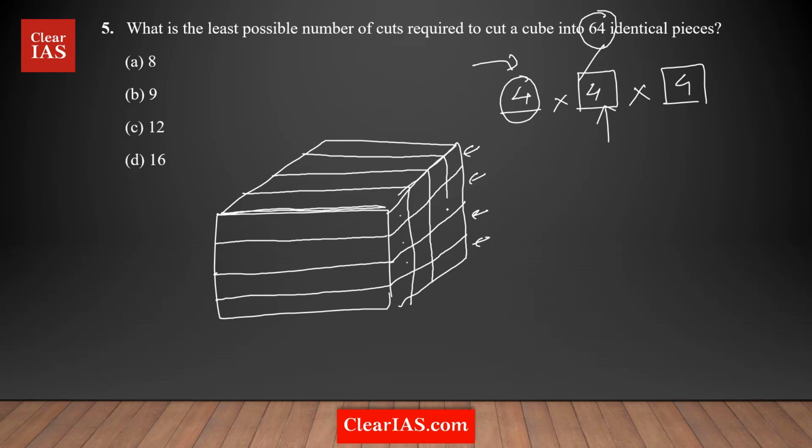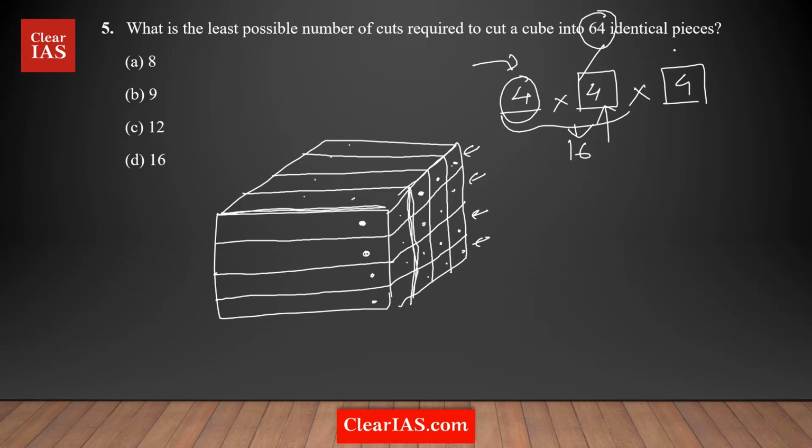So with 3 cuts, you have 4 each. Right now in total we have 4 into 4, 16 pieces. You can count it. If you take the first column, you have 4 pieces. Here also you have 4 similar pieces, again 4, again 4. So total 16 pieces are there.